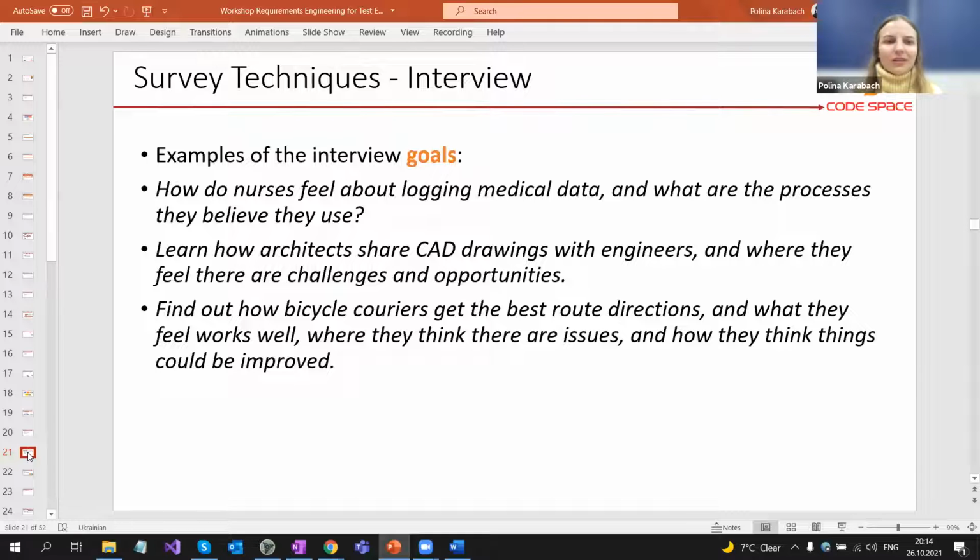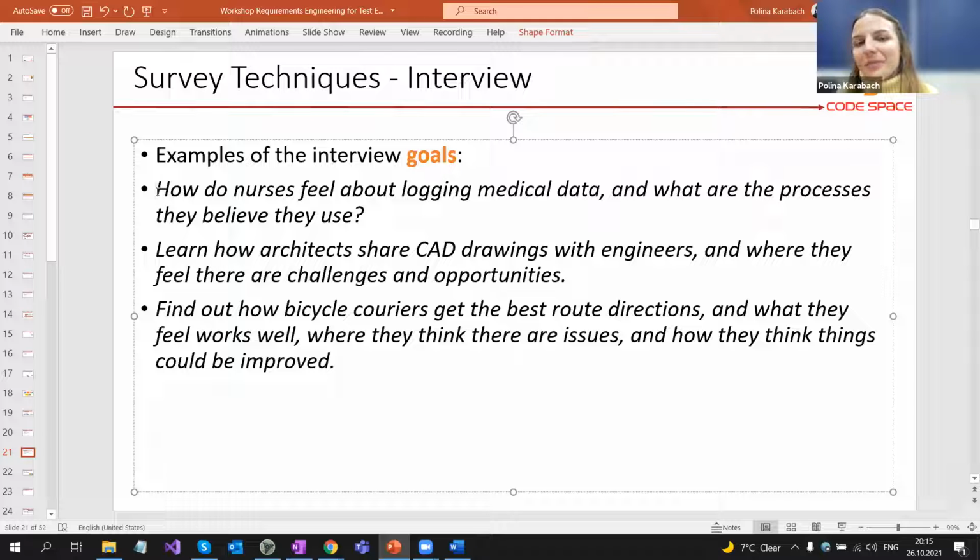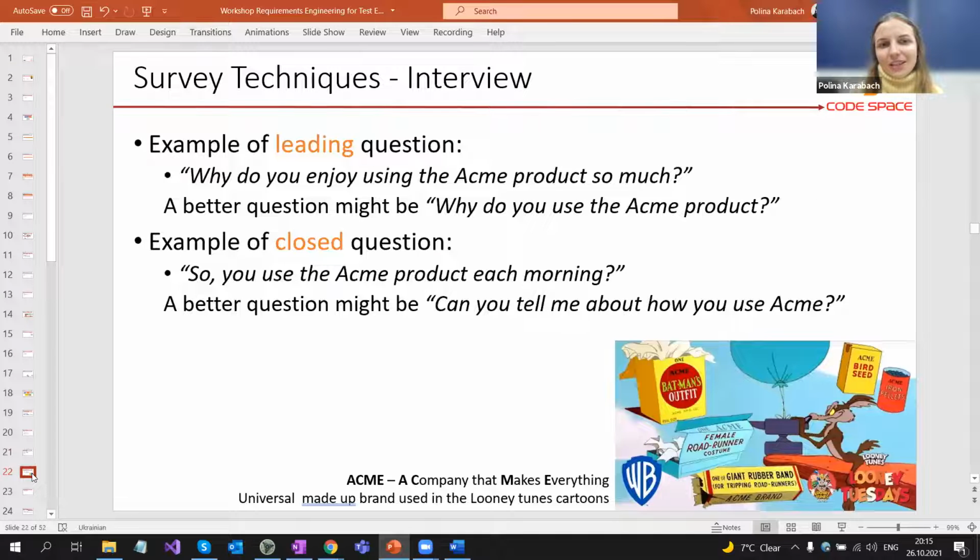Interview goals, some examples, for example, how do nurses feel about logging medical data, and what are the processes they believe they use? And some others, leading questions, yeah, as I mentioned, why do you enjoy using the Acme product so much? And the closed question is, so you use Acme product each morning?